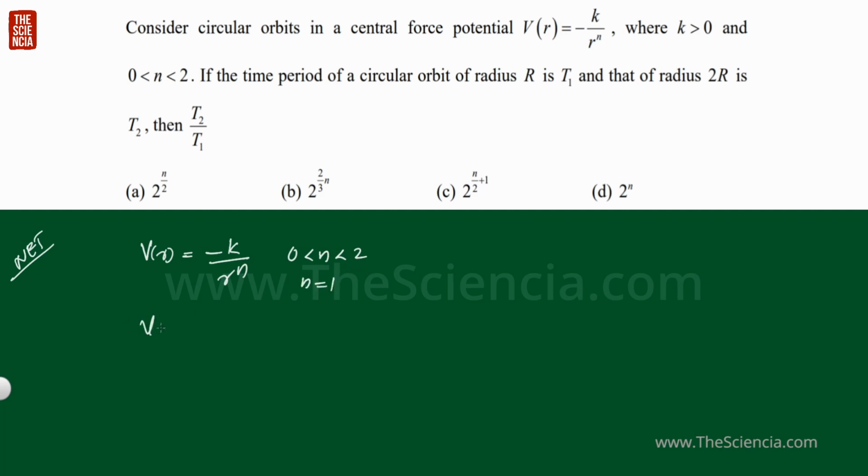So this potential V of r is equal to minus k by r, and the question is to find out the time period of circular orbit of radius r and 2r. So when r, the time period is t1, and when 2r, the time period is t2, and the question is to find out t2 by t1.